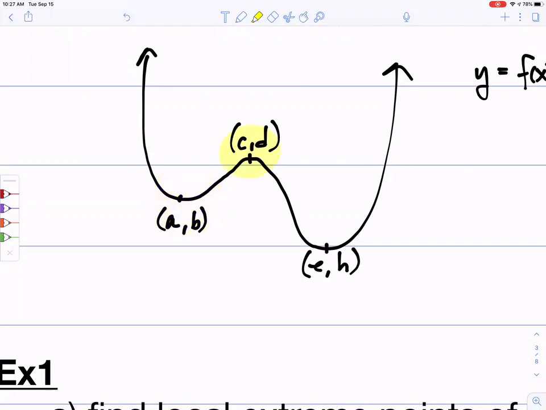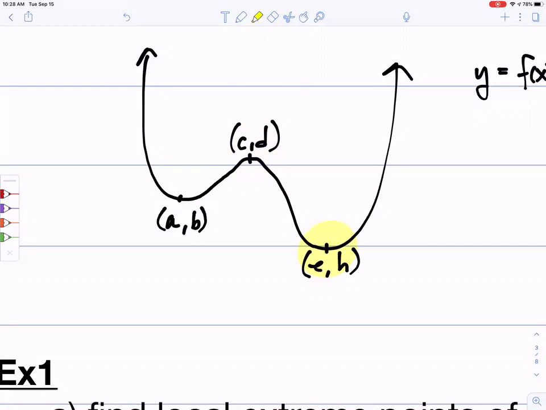Locally, is that guy the highest value? Yeah. By the way, is that guy the highest value of the whole graph? No, but in his own little neighborhood, he's the big fish, right? How about this guy? Locally, is he the lowest value? Yeah. Overall, is he the lowest value too? Yeah, he's like Big Daddy, right?